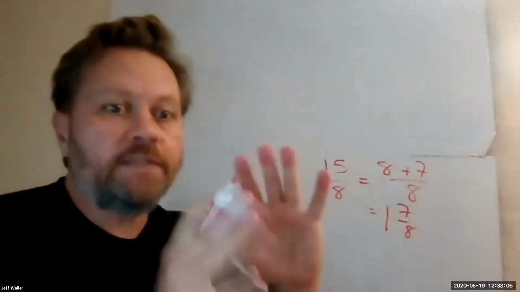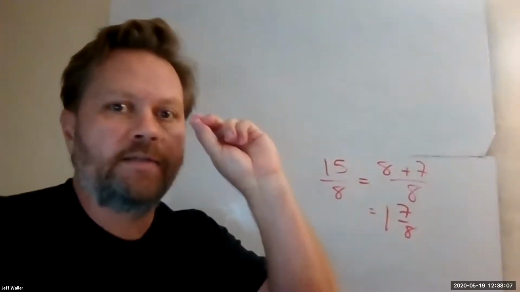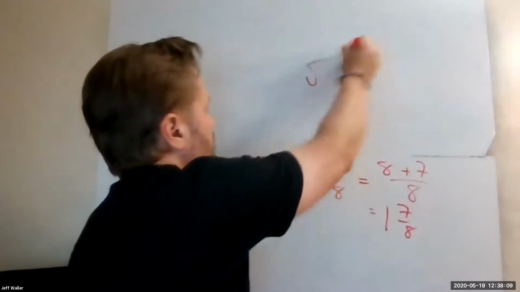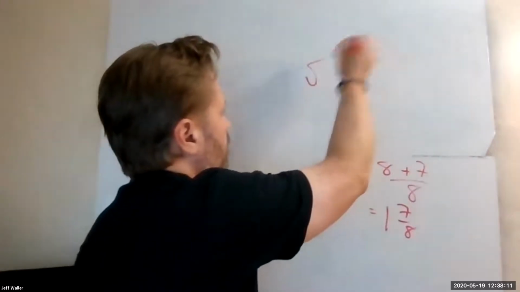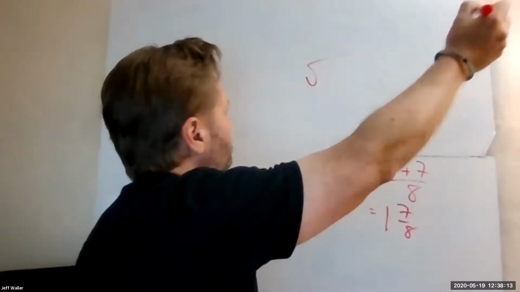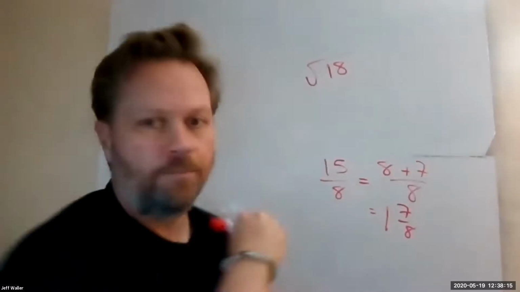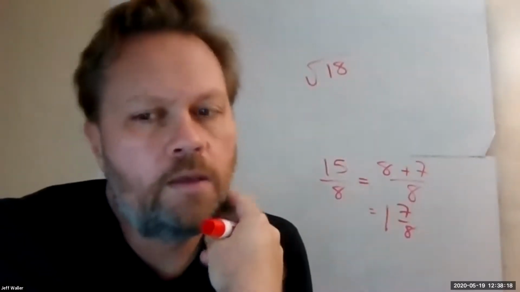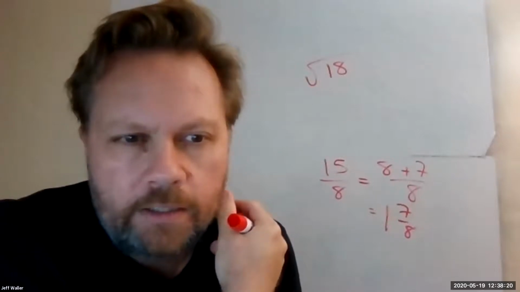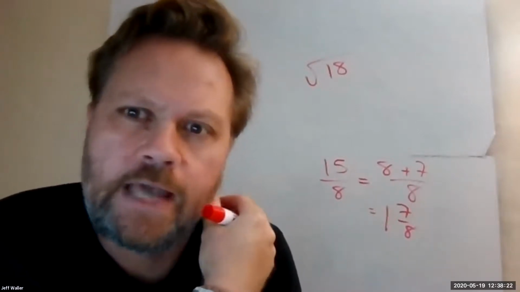The reason I say it like that is because if I have something like the square root of, what, Jeff? Square root of 18. Can somebody tell me what the answer to that is exactly?